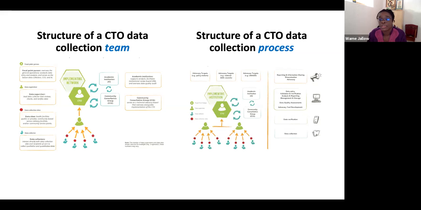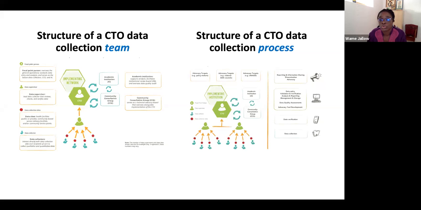The other important part of the team is the focal point person, who's usually an M&E, monitoring and evaluation, officer or manager at the national level within an organization, and they look at all the data aggregated nationally. This assumes we have quite a number of data collection sites across health districts or health provinces, across several health facilities in different areas.